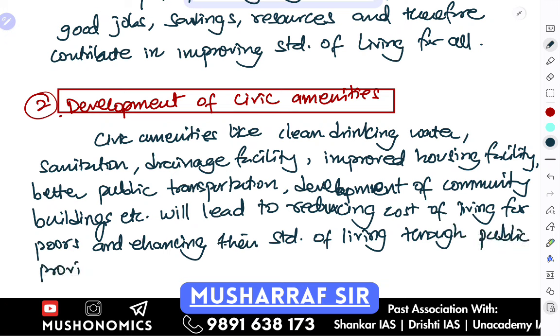So anybody can access this, right? These are civic amenities that we can develop.